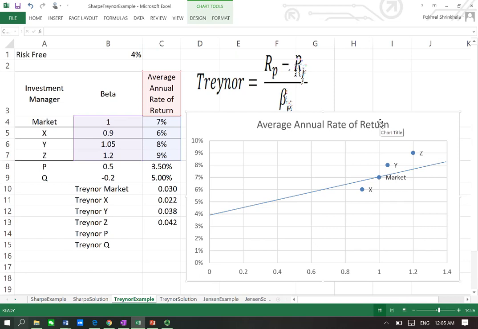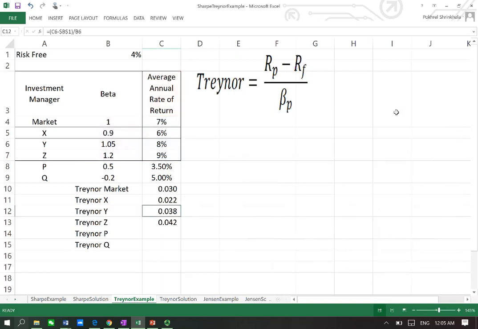Okay, so that's the simple example. What I would like to add to this example now is the case of P and Q. Now what I say here is, in the case of P, the average annual rate of return is 3.5%.